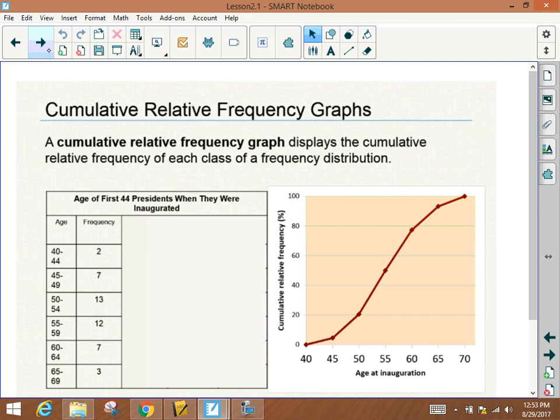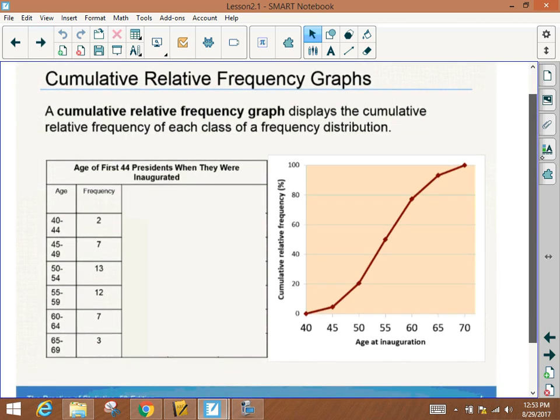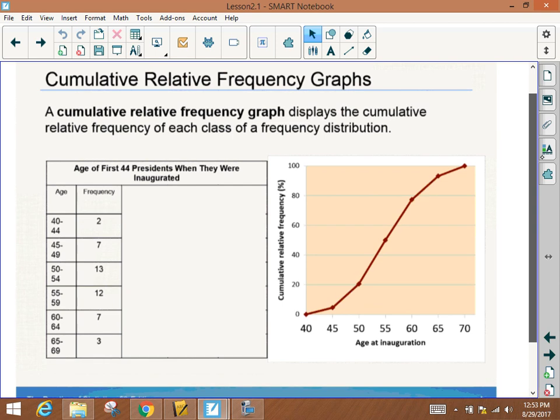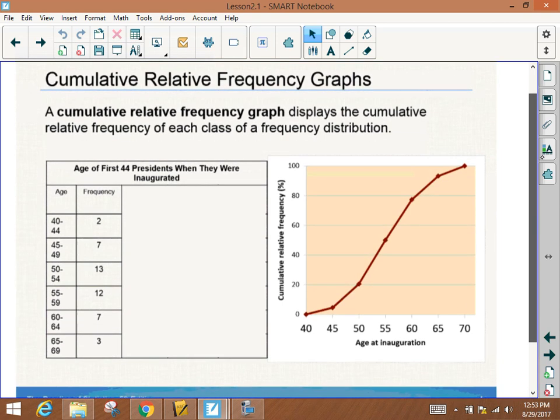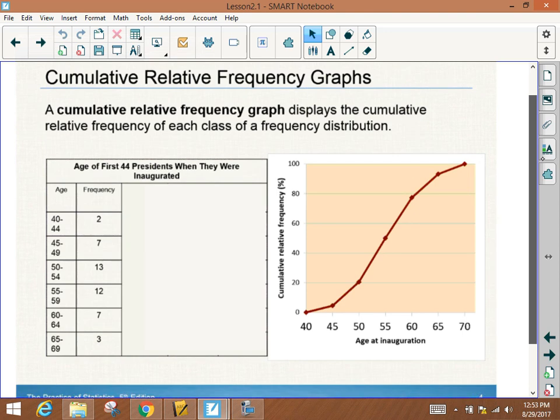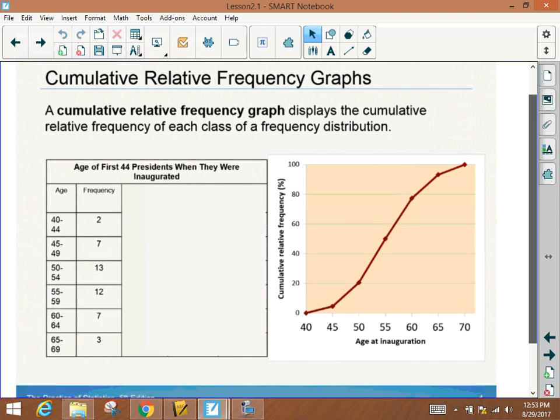Now you know what this ogive is all about. In other words, you know how to interpret it. If we look at this graph, we're saying that a person who was age 50 at inauguration was at the 20th percentile. Pretty awesome.